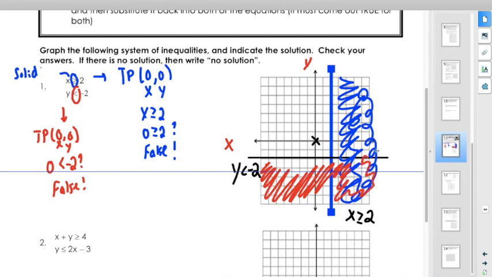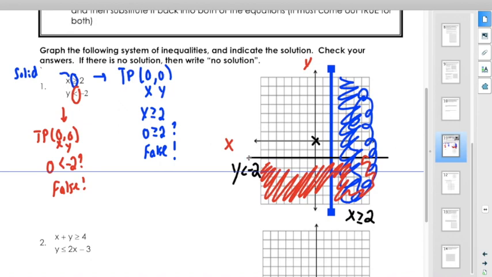Now, if you see here, the colors are not going to go through each other, but this is where I double shaded, only in this area here. So therefore, that has to be my solution, right? And if you guys saw what I messed up here, this should be a dashed line, right? Because it's less than negative 2, and I even put dashed before, but it's kind of hard on the computer.